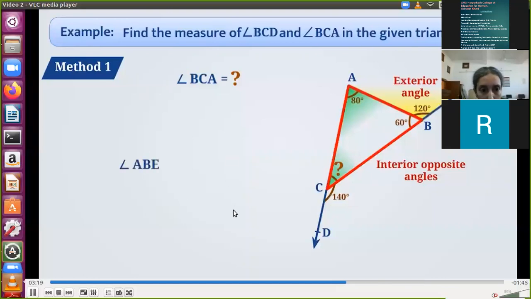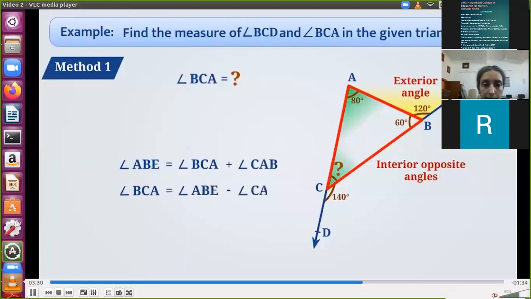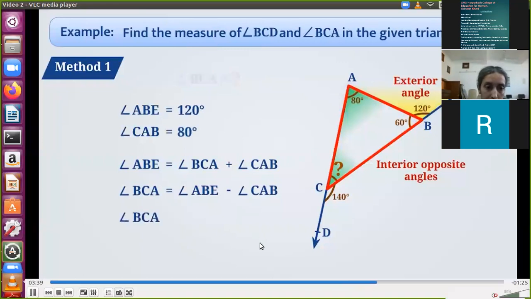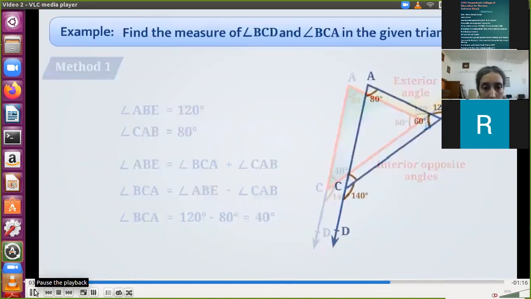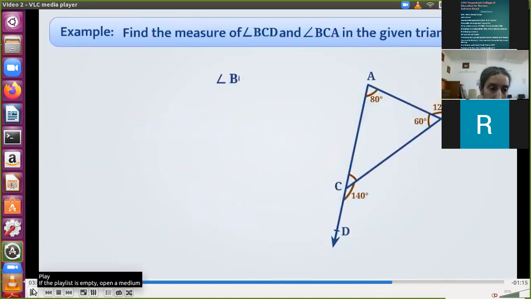So we'll apply the property here: angle ABE is equal to angle BCA plus angle CAB. By putting the values, angle BCA will come out to be 40 degree. By subtracting angle CAB from angle ABE, the answer is 40 degree.